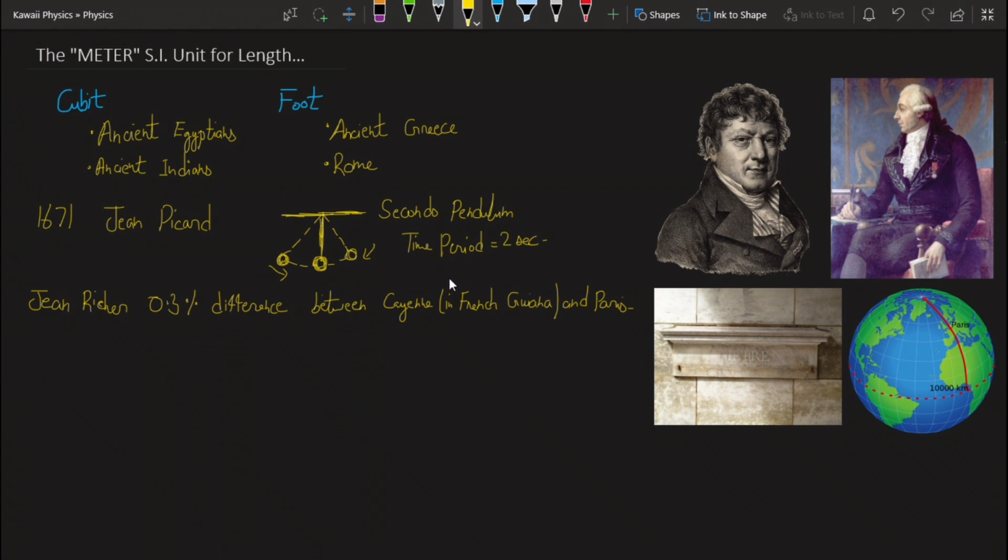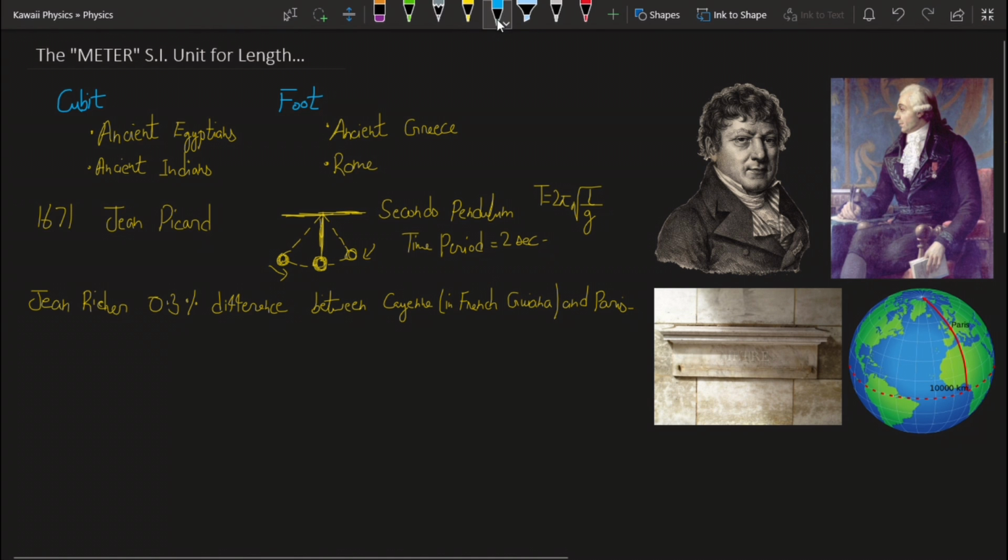Also, in high school you have studied the time period of a pendulum, T equals 2 pi square root of L by g. g differs from place to place, not greatly, but slightly. So the seconds pendulum idea was also thrown out due to the 0.3% difference.